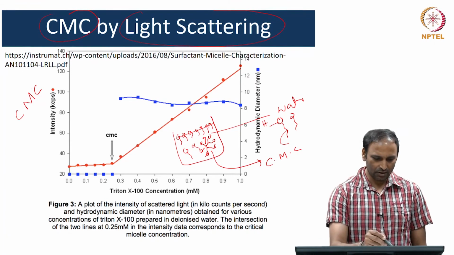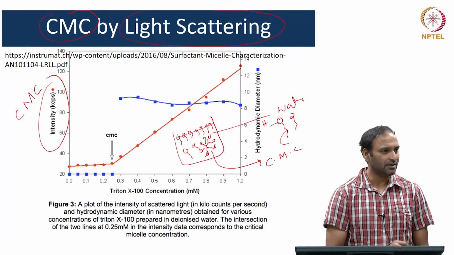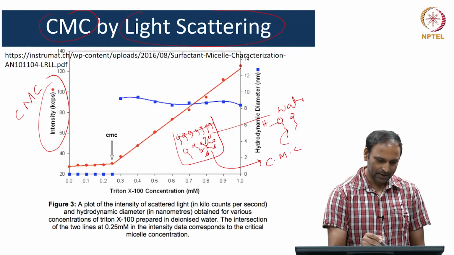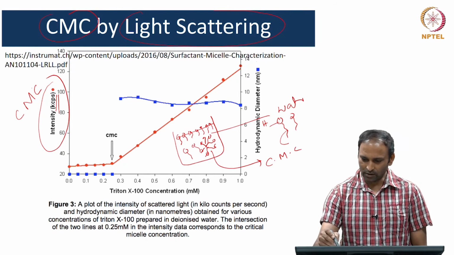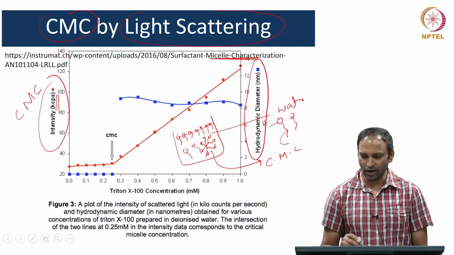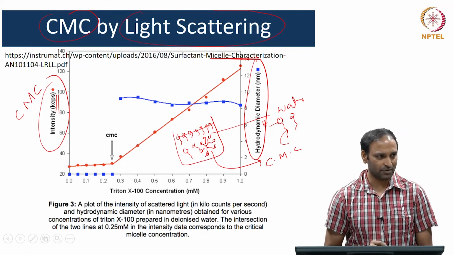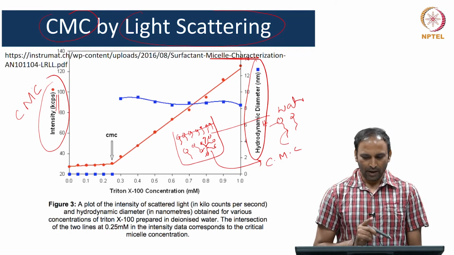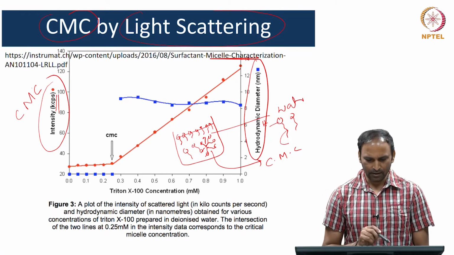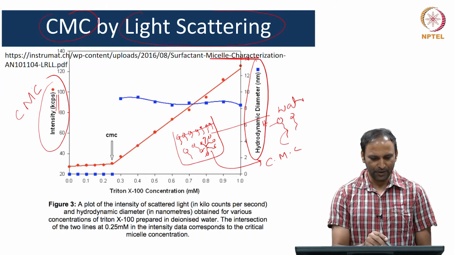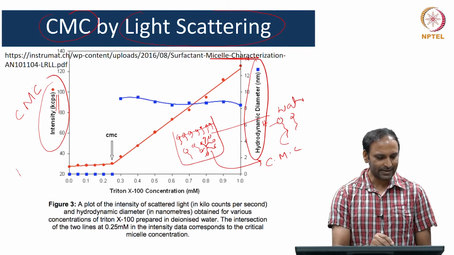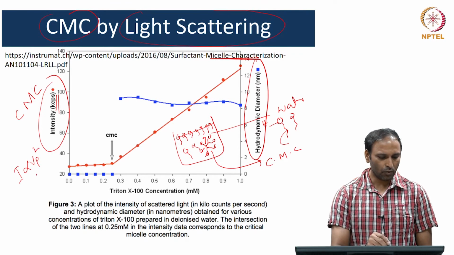What you are measuring here is the intensity I mentioned. The intensity is in kCps, and on the right side you have hydrodynamic size. I mentioned that intensity is proportional to volume square.